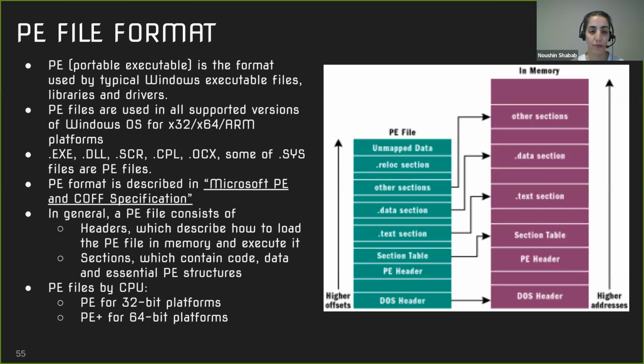In general, a PE file consists of headers and sections. Headers are there to describe how to load the PE file in memory and how to execute it. Sections contain code, data, and different essential PE structures that we will see a little bit later.